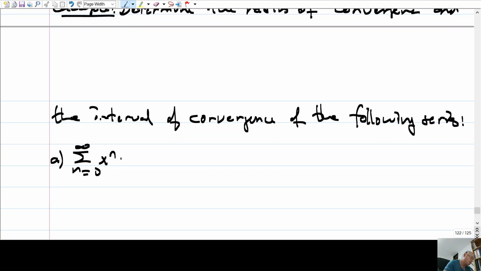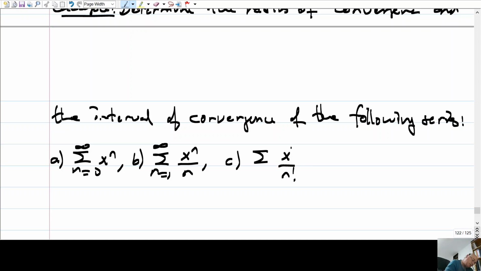This is a geometric series, the sum of x to the power n. Then look at this one, from n equals 1 to infinity, x to the power n over n factorial. This is the exponential function, right?